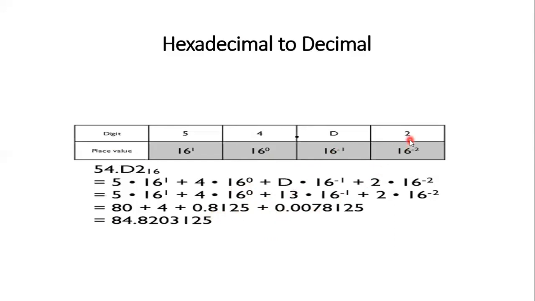Similarly, 2 divided by 16 power 2, so 256. 2 divided by 256 is 0.0078125. Then add all these things, we get the answer 84.82033125, which is the decimal equivalent of this hexadecimal number.